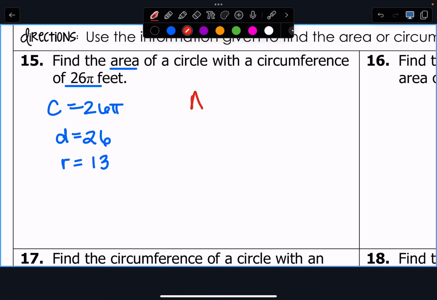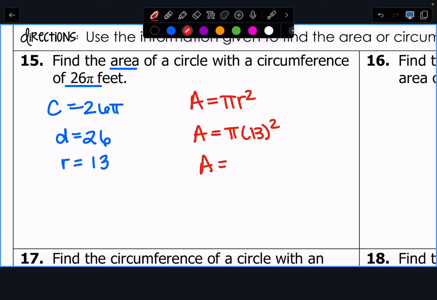So our area, pi r squared. Ty, could you tell me what pi times 13 squared is? 530 point something. Okay, now we're finding area, so it is square feet.